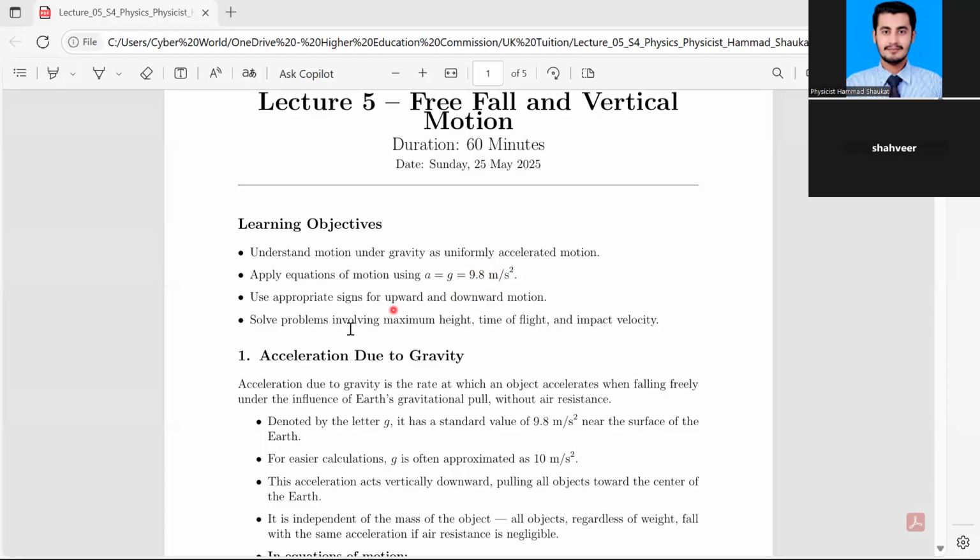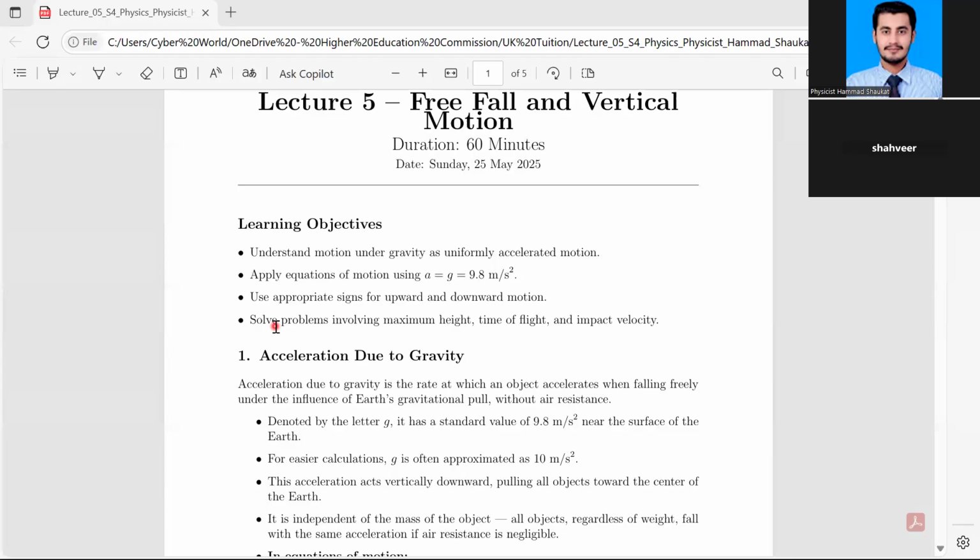Then we will also use appropriate signs for upward and downward motion. We will see what sign to use if the body is moving downward, and what sign to use if it is moving upward. We will discuss that later. Then we will solve problems involving maximum height, which is the top height that your body achieves.